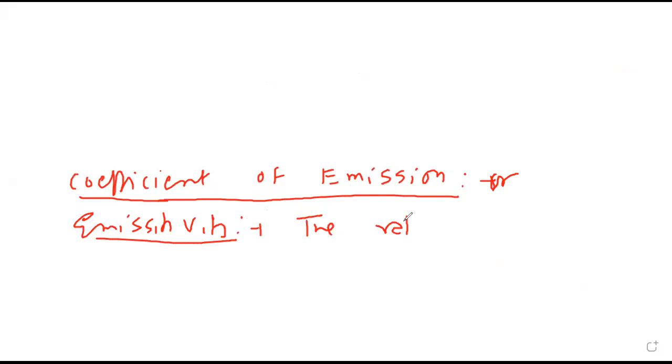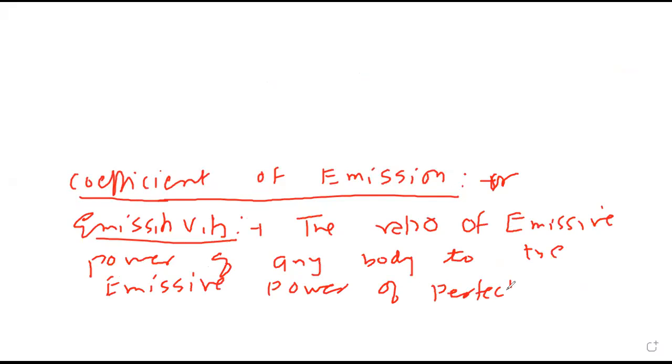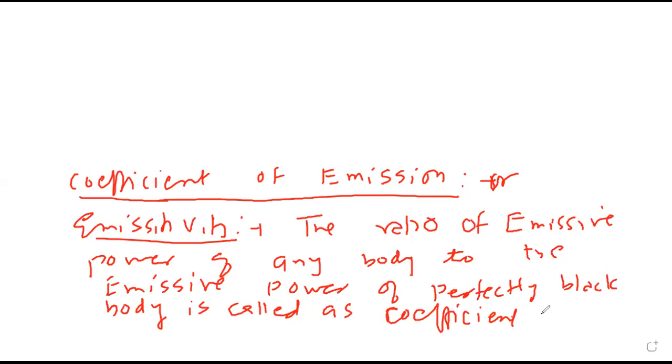The ratio of emissive power of any body to the emissive power of a perfectly black body is called as coefficient of emission or emissivity.